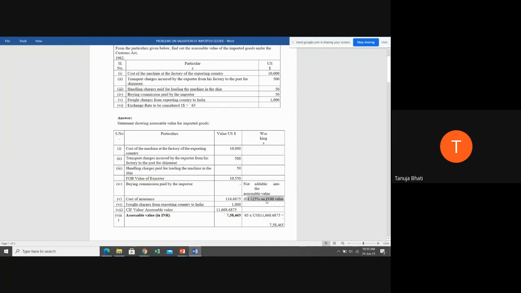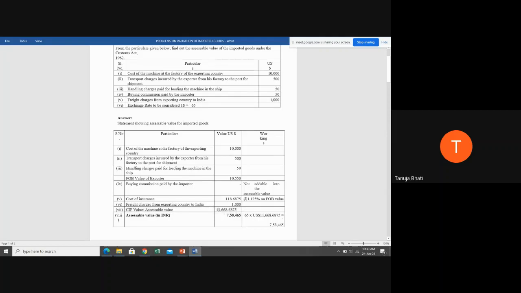So 1.125% on FOB is nothing but 118.68. Okay, you can round it off. Next, freight charges from exporting country to India is 1,000. So you take $1,000, and you get total CIF value as 11,668.6875. You can again round it off.